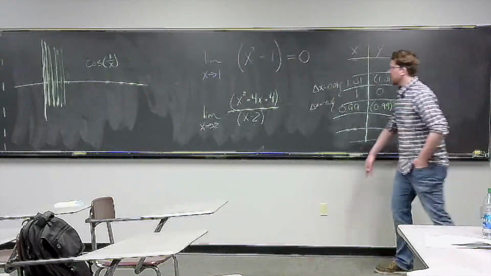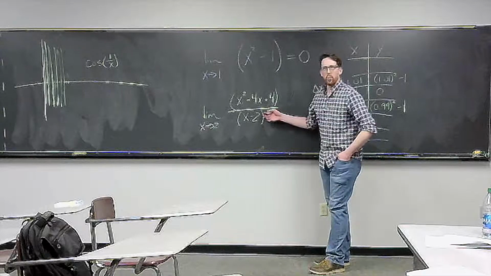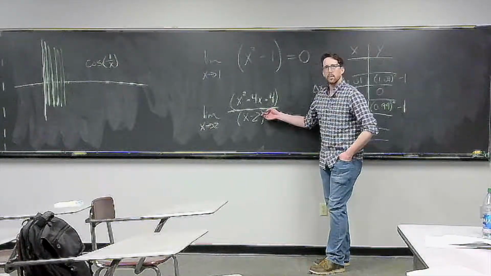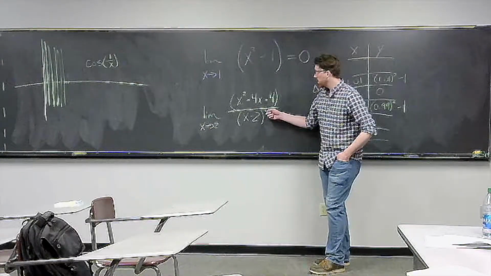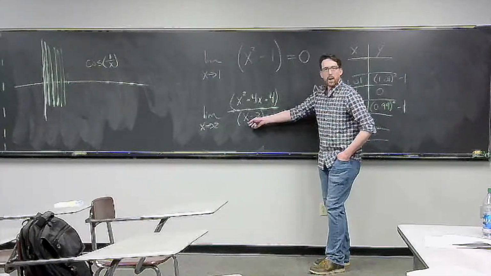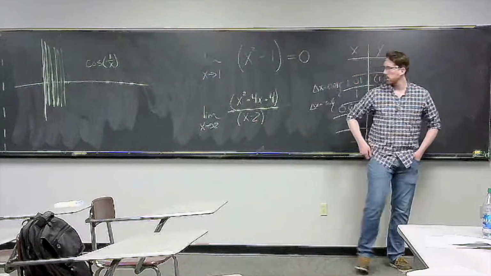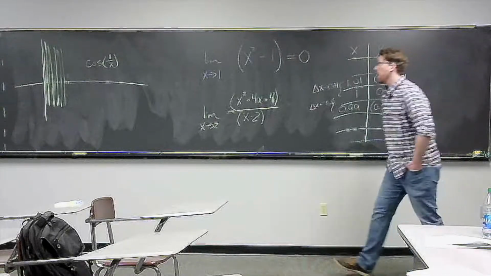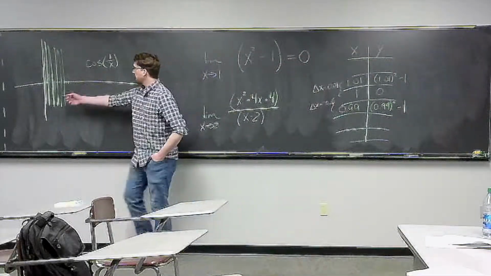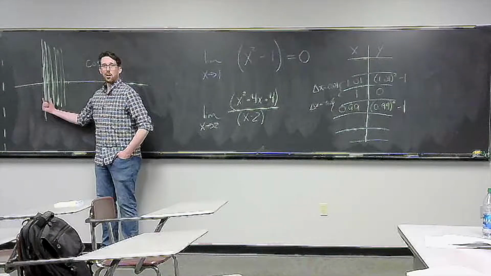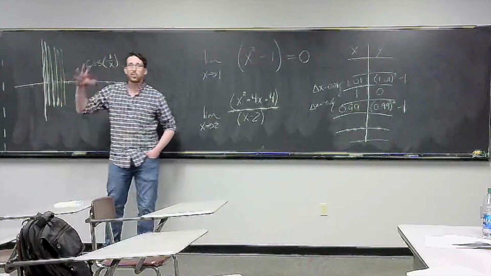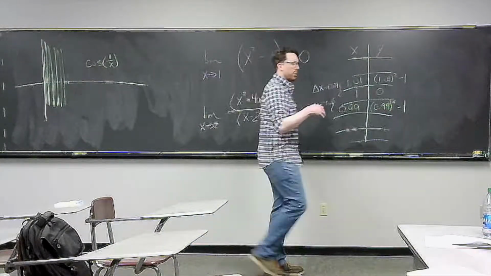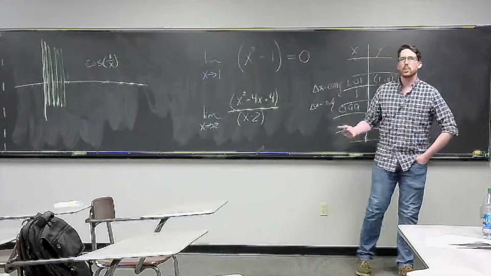And graphically, there's a hole in this graph. This graph doesn't exist where x is equal to 2. And really, this graph just looks like a big black bar off to the left, right? Because it just oscillates so fast. So graphing and tables don't always work.